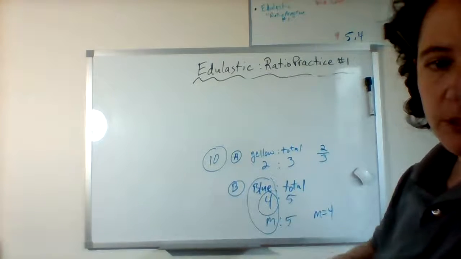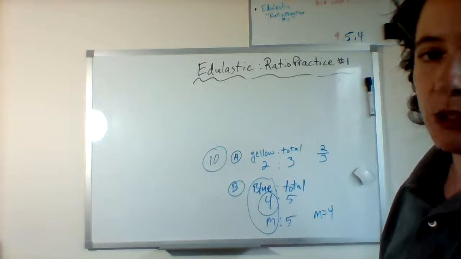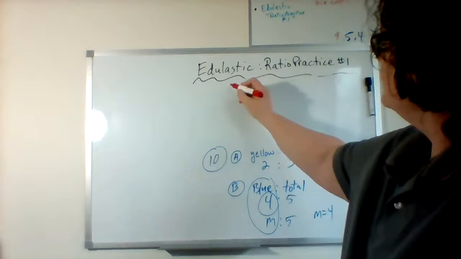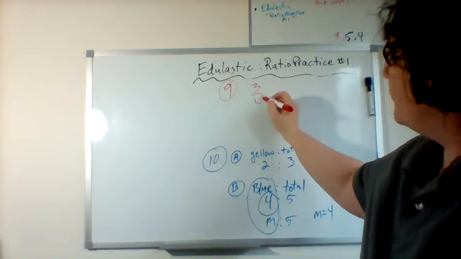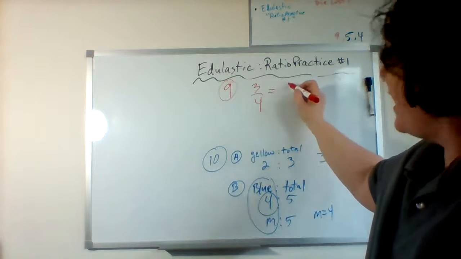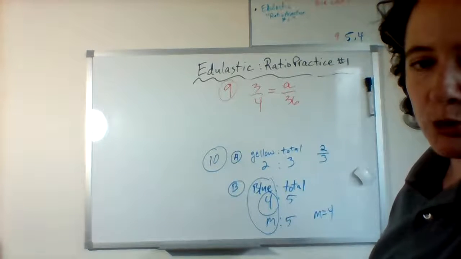Okay, number 9 says choose all of the values of A that make the following equation true. 3 to 4 is the same as letter A to 36. What has to make that true?